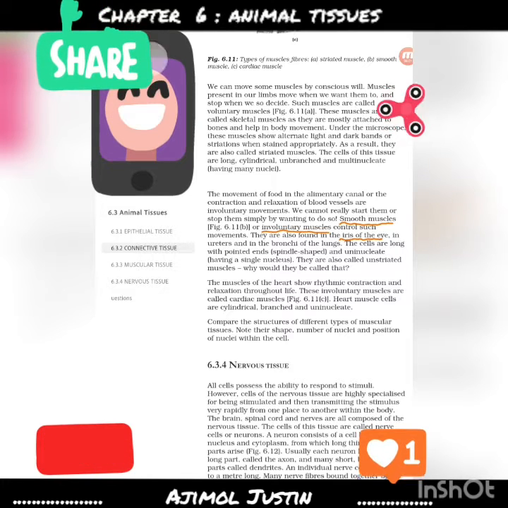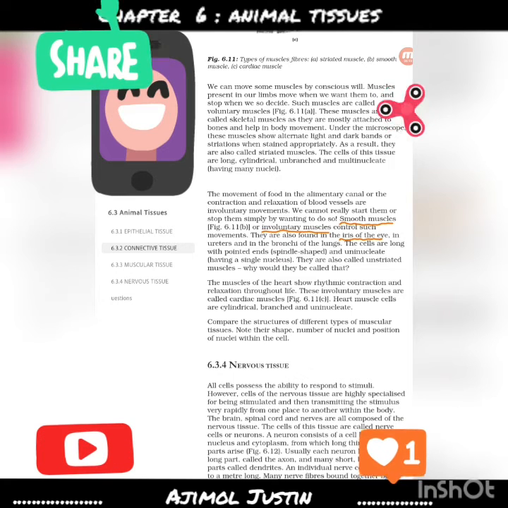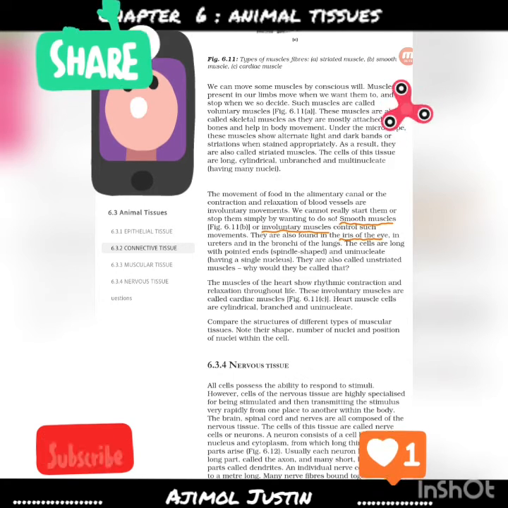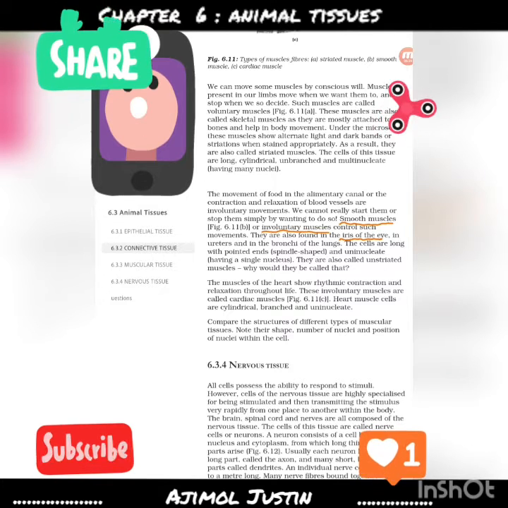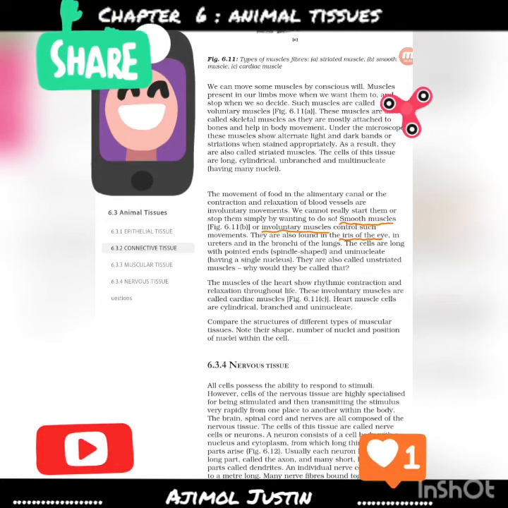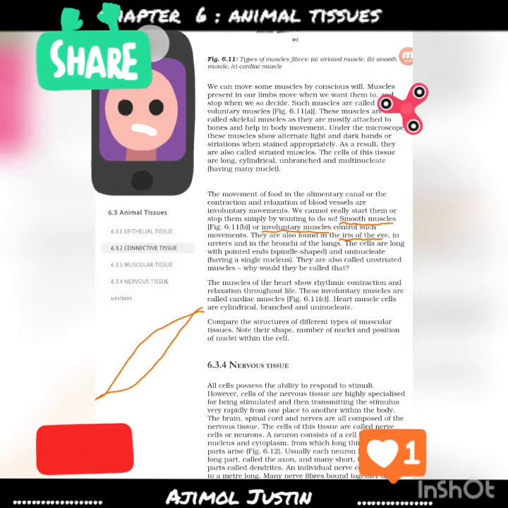That means it contracts and relaxes. When light is there, it contracts, and when light is not there, it relaxes. Also in the uterus or in the bronchi of the lungs, you cannot control those movements. Those involuntary muscles are called smooth muscles. Smooth muscles, as I said earlier, are spindle shaped, tapered at both ends and bulged in the center.